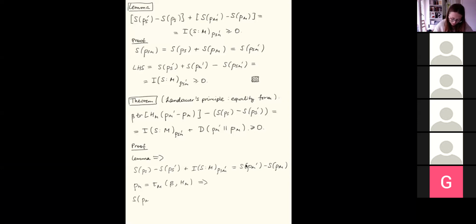So S of rho M is beta trace HM rho M plus log trace e to the power minus beta HM. This just follows from the fact that rho M is e to the power minus beta HM over its trace.